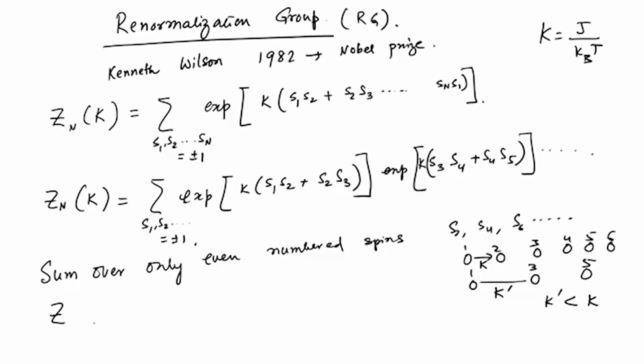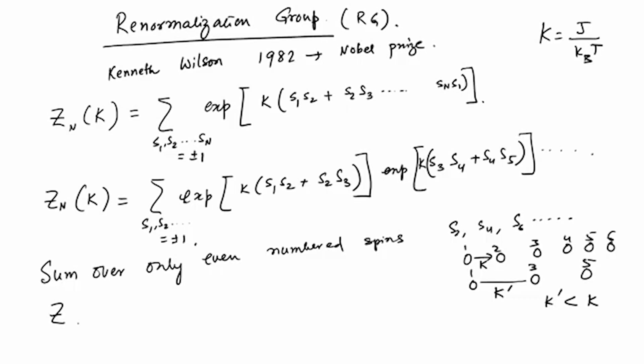On the contrary, if we start with a sparse system, an almost empty system, and then start filling up the spins, we would go from a lower coupling constant to a larger coupling constant, but essentially they mean the same thing.